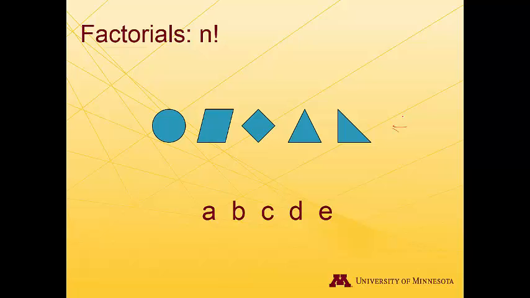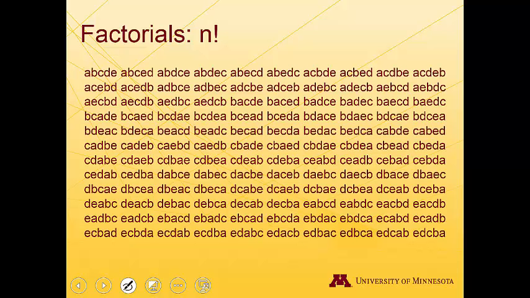For the next slide, we're just going to use A, B, C, D, and E because it's a little easier than looking at all these shapes. Take a look at this. Here I found something on the internet that would generate all the combinations of A, B, C, D, and E in every order.